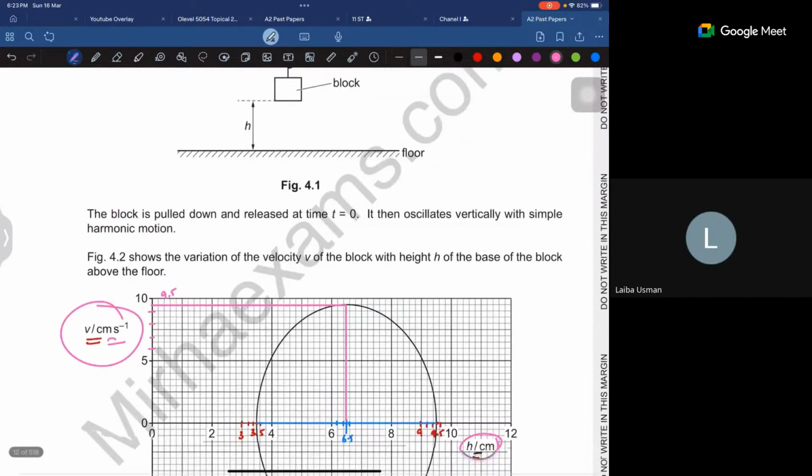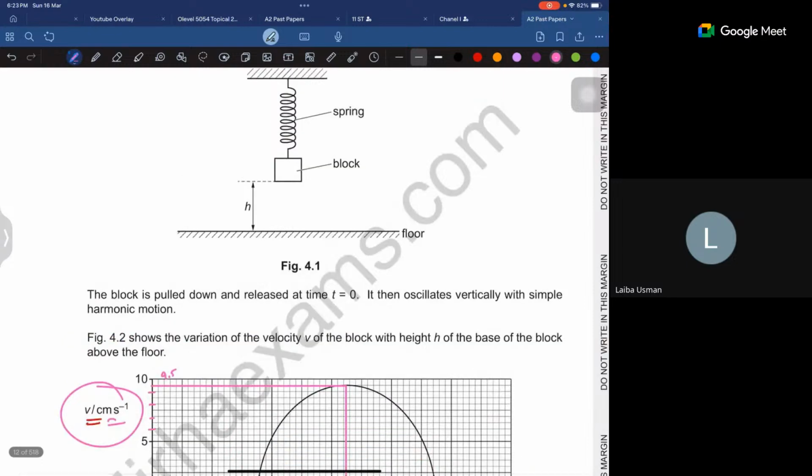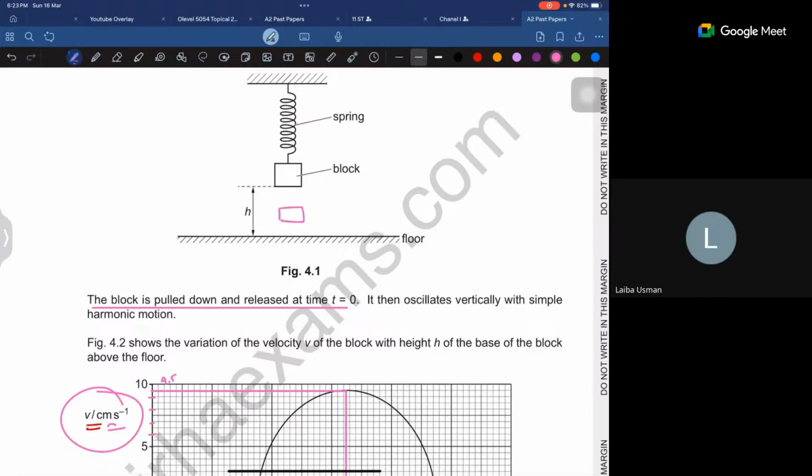We don't have any value. At time 0, the block is pulled down and released. It means when it was pulled down, it was completely stretched. That is something that we need to keep in mind.